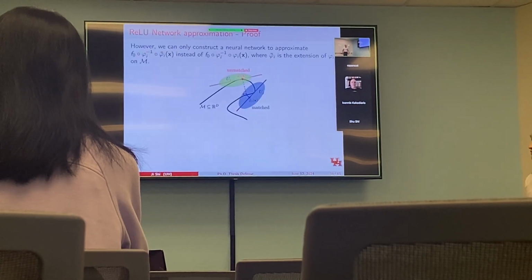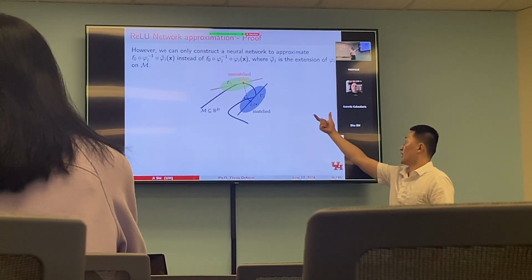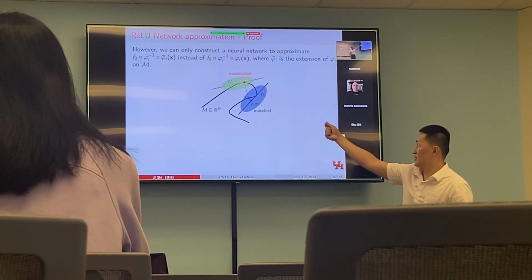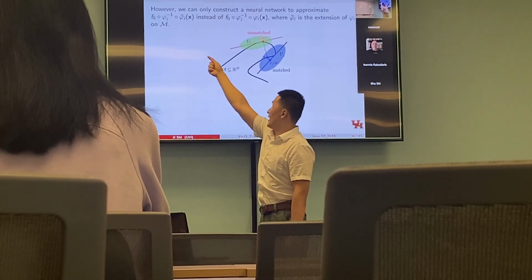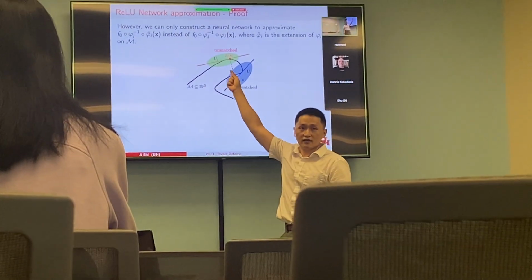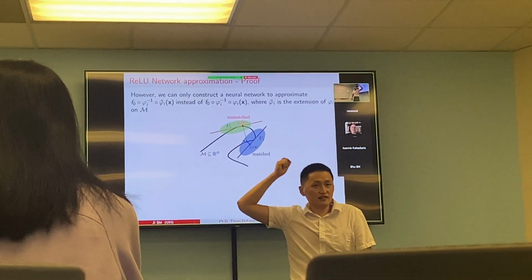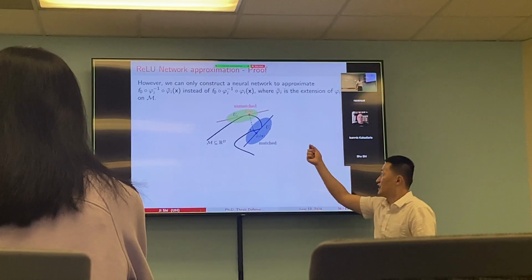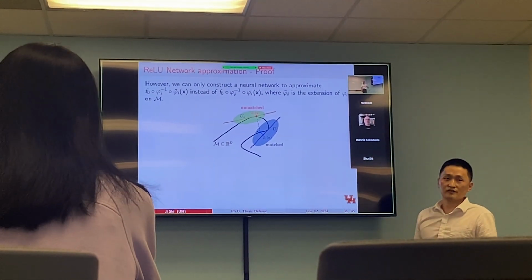So just like this, we can only construct a neural network to approximate f naught composed with phi_i inverse composed with phi_i tilde of x instead of phi_i of x. This phi_i tilde is the extension of phi_i on the entire manifold.